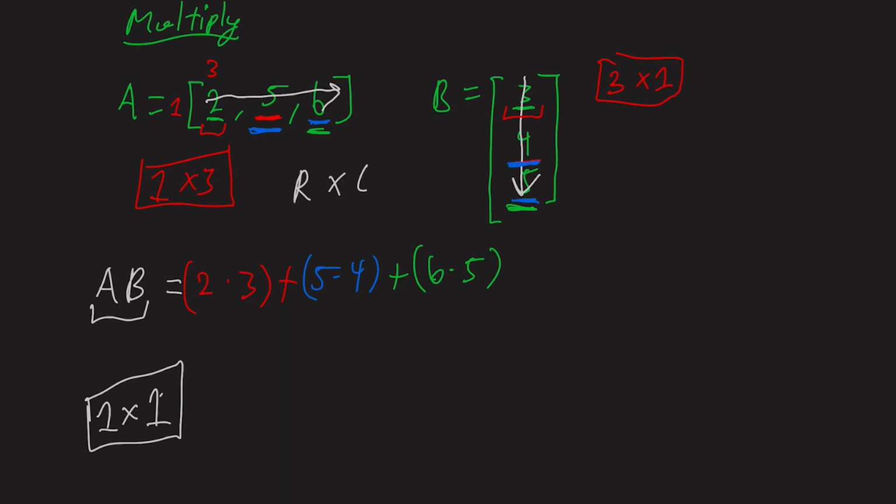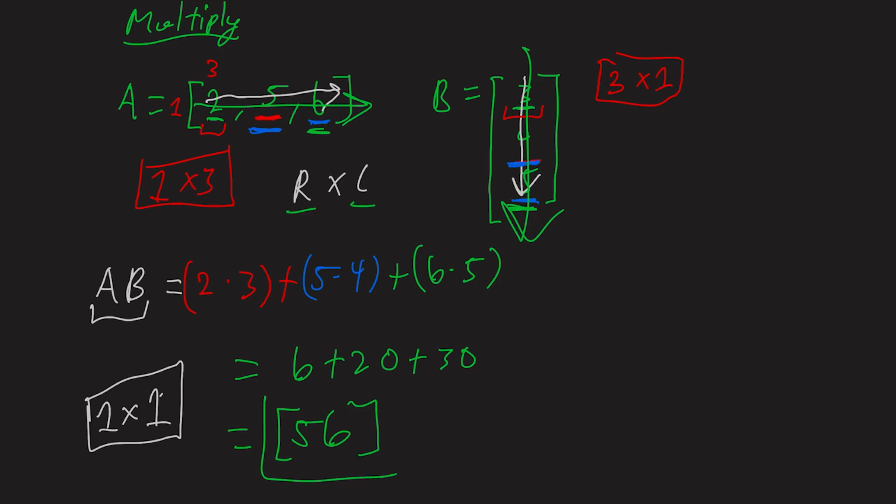It's always rows of the first times columns of the second. You multiply this way in your first matrix and this way in your second matrix. Therefore, A times B is going to equal 6 plus 20 plus 30, which equals 56, and that is placed in a 1 by 1 matrix. That's our final answer.